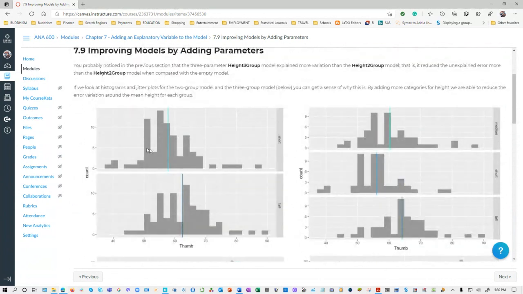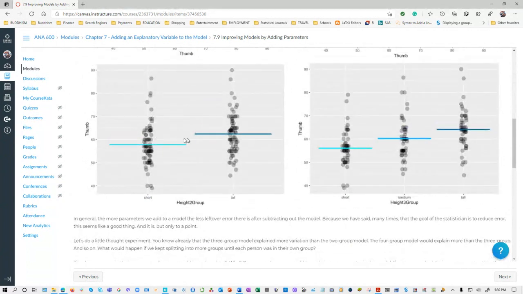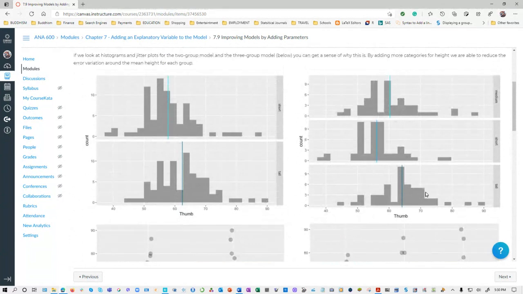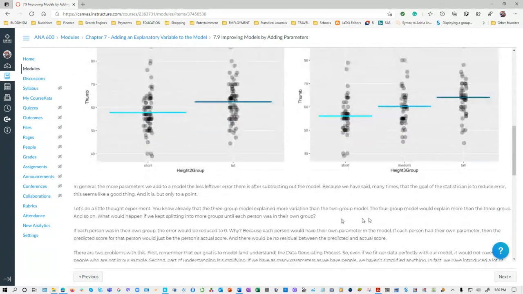Look at their histogram, the thumb length for the short people and tall people. Look at their jitter plot, height 2 groups. Look at the gap. These are the histograms, and this is how it looks in the jitter plots.